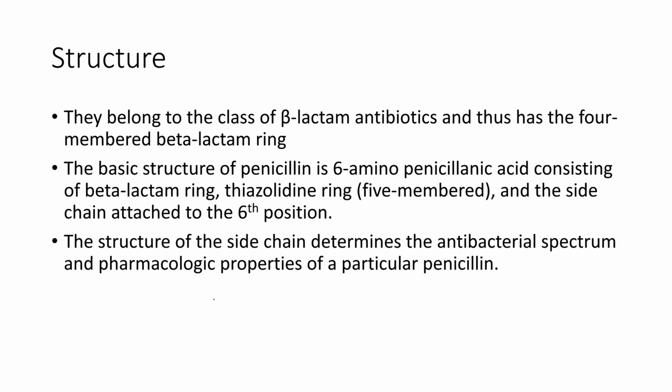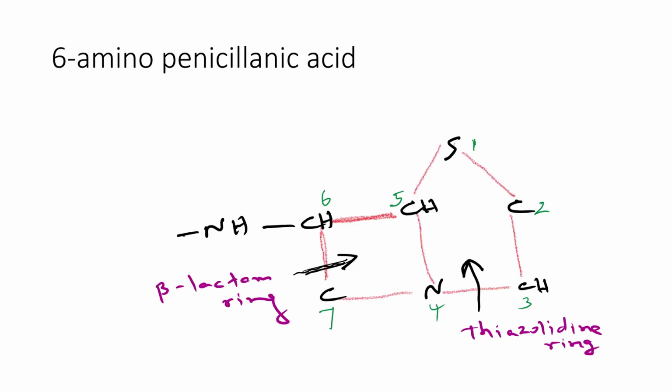Additionally, there is a side chain attached to the 6th carbon position in the beta-lactam ring. The side chain determines the antibacterial spectrum and the pharmacological properties of different penicillins. This is the picture of it.